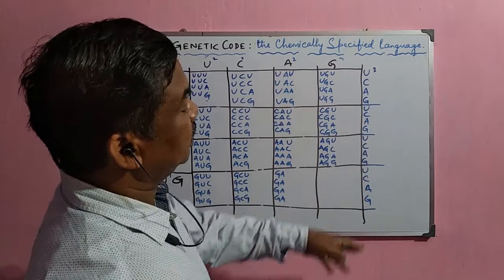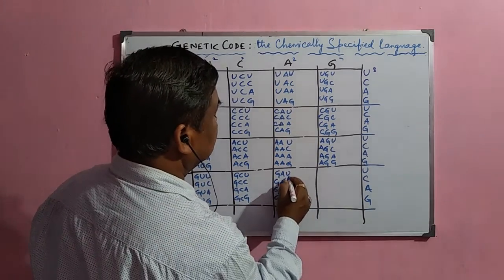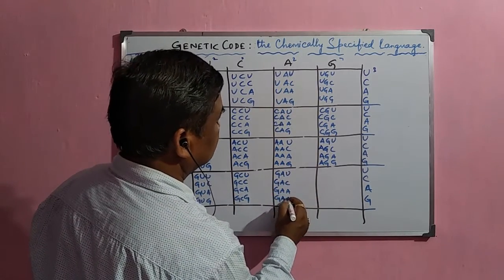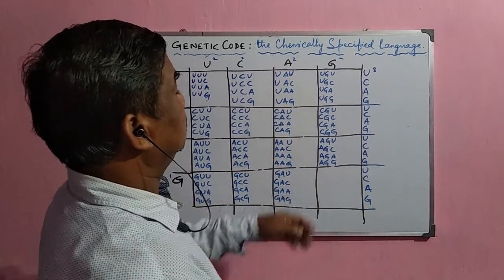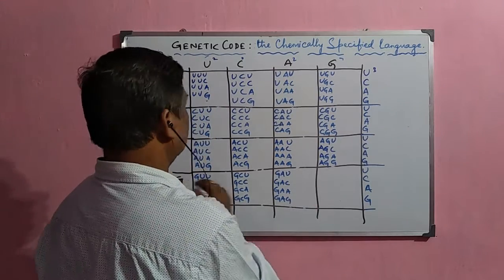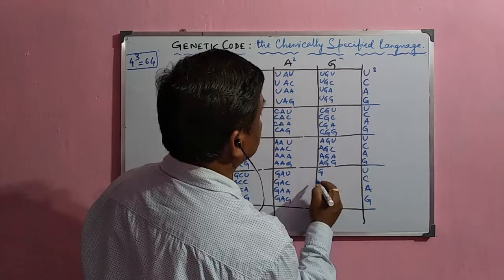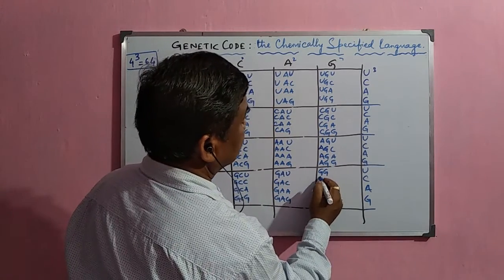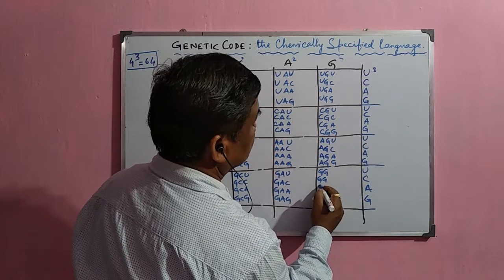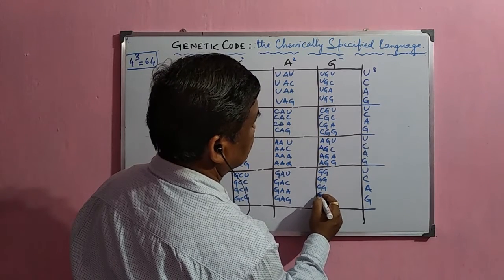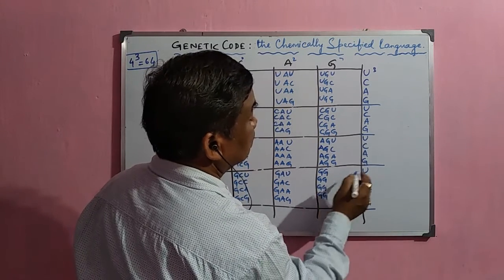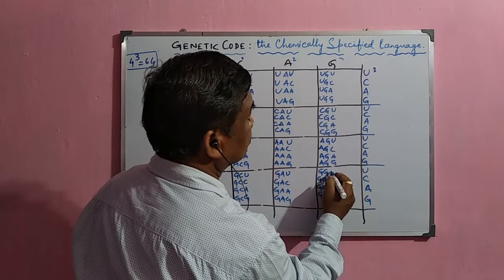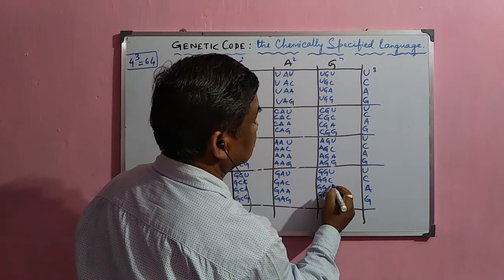Now the third base will be U, C, A, G. And in the last box, the first base is G, the second base is also G, so that will be GG. Here again GG, GG, GG, and the third base for this codon is U, C, A, and G.